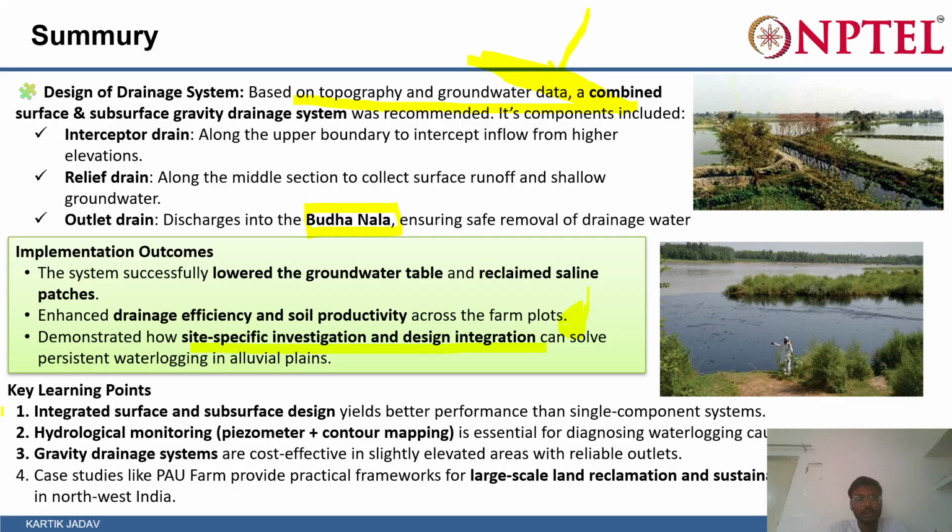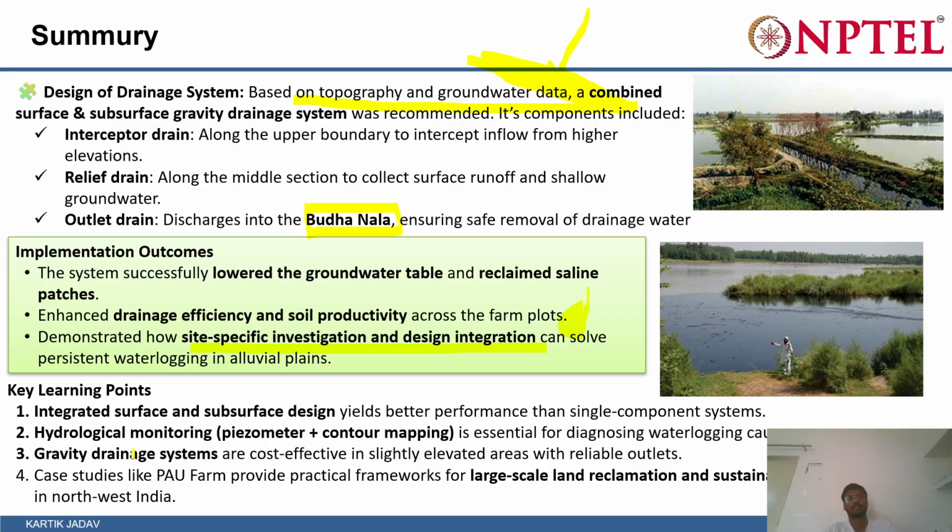Then instead of going with one solution, it is always good to have multiple solutions in mind, try multiple scenarios, and whatever fits better according to the conditions, install that particular structure or drainage system there.